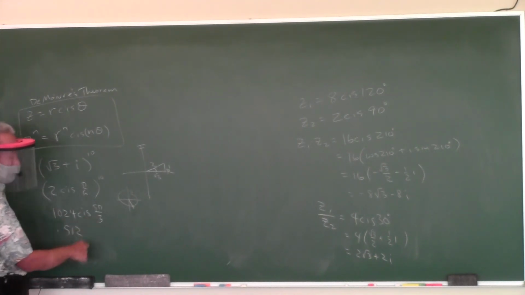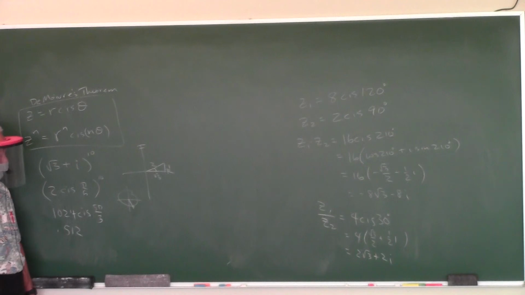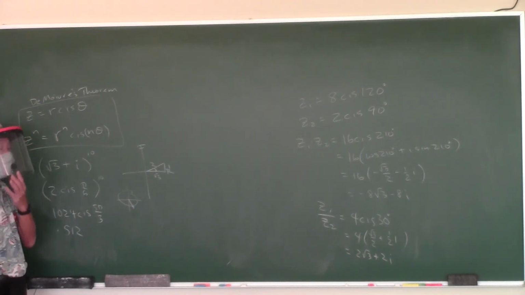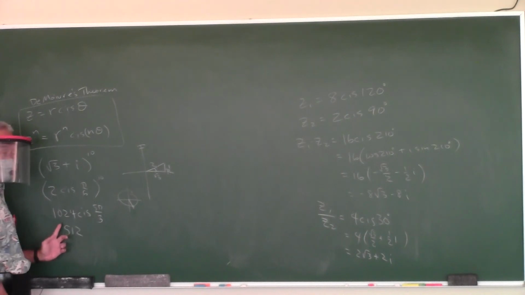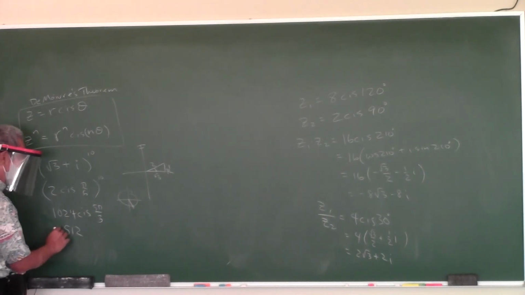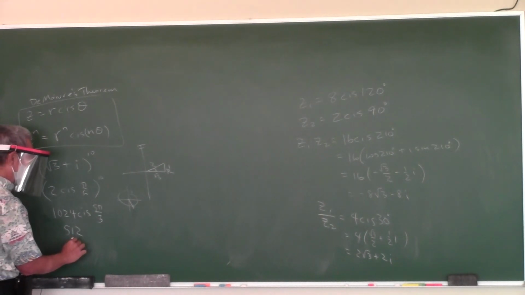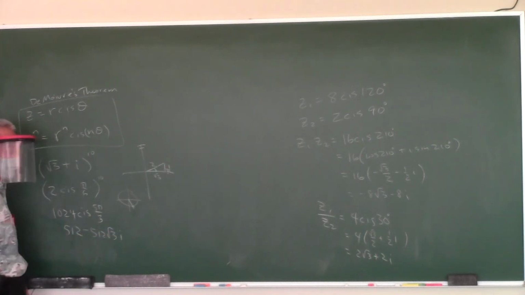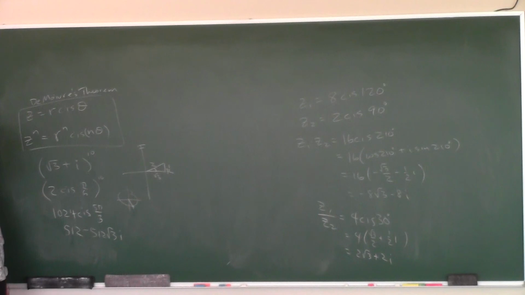What is the sine of 5 pi over 3? What is the y coordinate of that point? Negative root 3 over 2 times 1024. Minus 512 root 3, and then you simply put the i on the second one. Boom, there's your answer. You can actually do these things in your head.